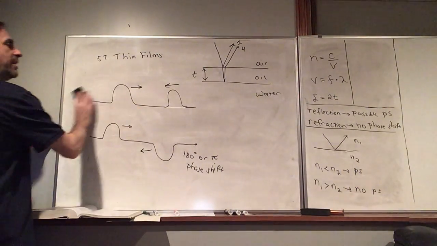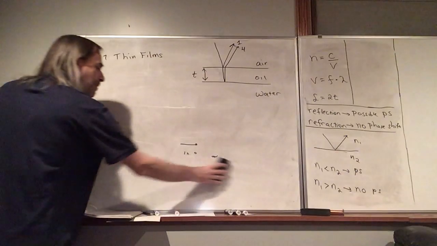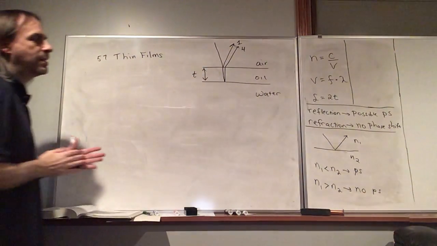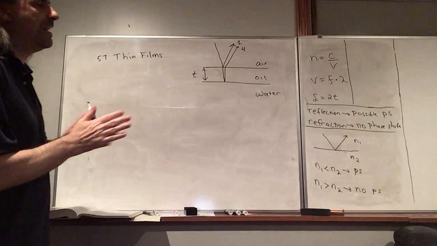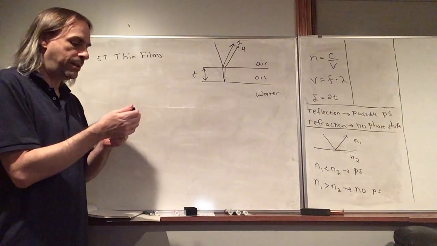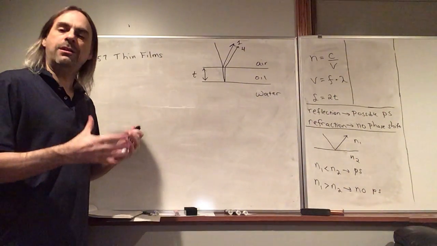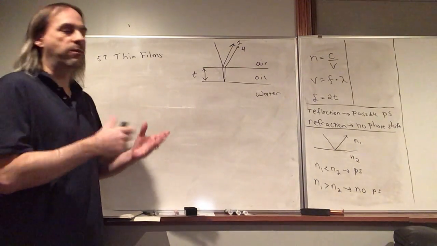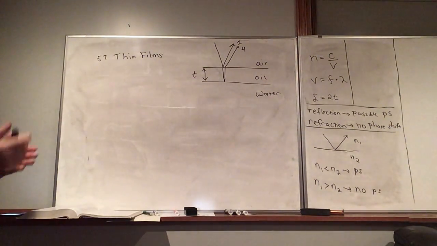There's one more thing we need to consider. When we look at our conditions for constructive or destructive interference, we want to compare that to the wavelength of light. Delta is lambda over 2, or delta equals lambda.